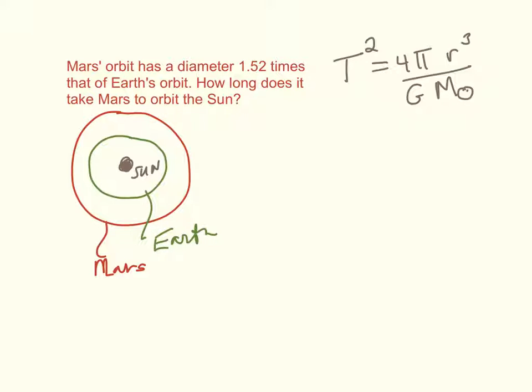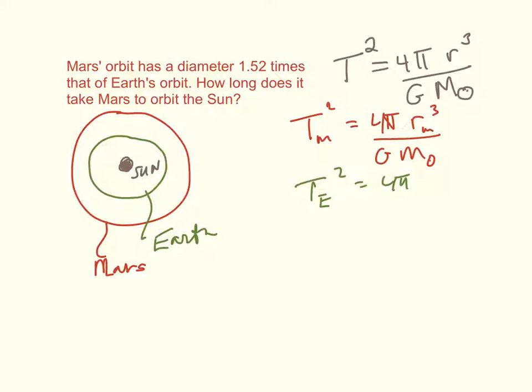So let's write this expression for Mars. The Mars period, T_m squared, is equal to 4 pi squared times its radius, Mars, cubed, over G times the mass of the Sun. And for Earth, similarly, we have the period for Earth's orbit squared is equal to 4 pi squared times the radius of the Earth orbit cubed over G M Sun.